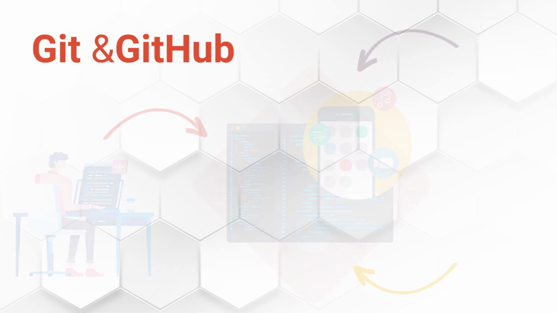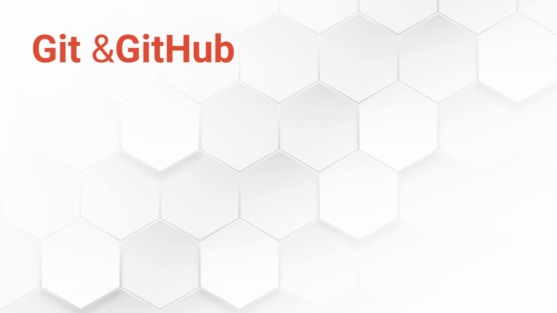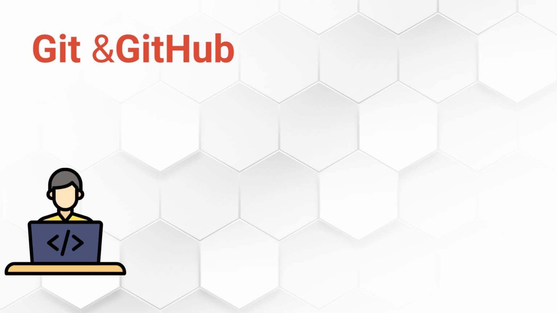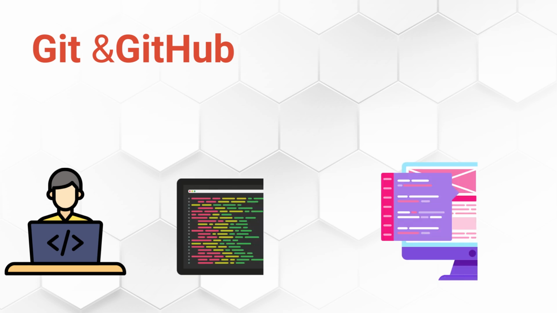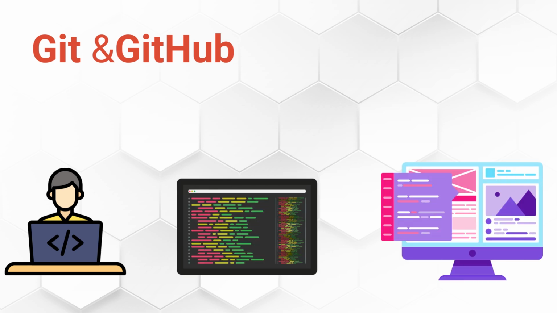You may ask, how can Git help me for a personal project? Let's say you're working on developing a website. You've been making some changes to the code for a few days and you have a running version of the website. And then you decide to add a new feature.